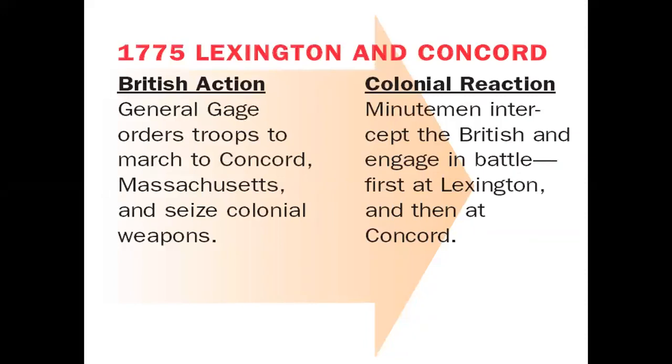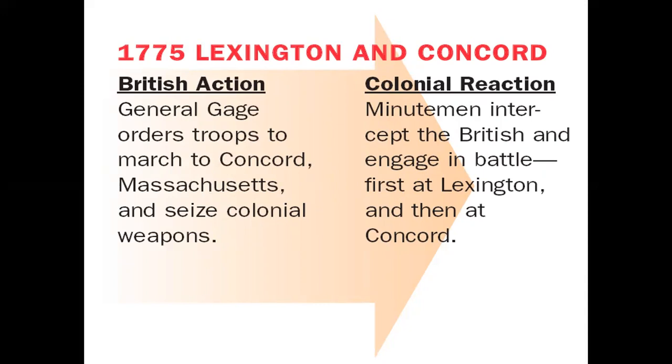And so more and more tensions build to where there's talk of actual revolution, and rumors of colonists stockpiling weapons and ammunition, having meetings, forming militias, and basically getting ready for a fight.